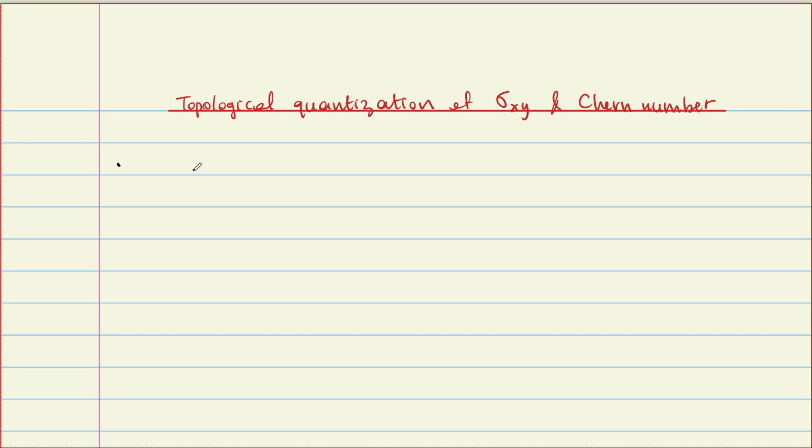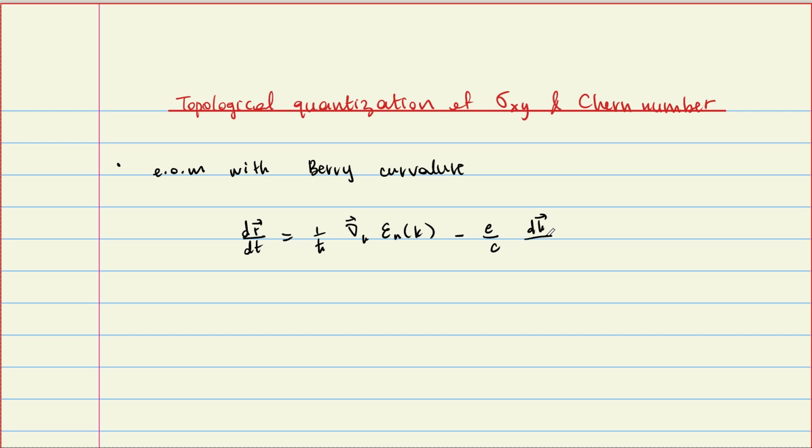Last time we introduced and obtained the equation of motion with Berry curvature, and it was something like this: dr/dt is equal to the usual term, 1 over h bar, gradient of epsilon_n(k), minus e over c, dk/dt cross this curly B_n(k), which is different for each Bloch band.